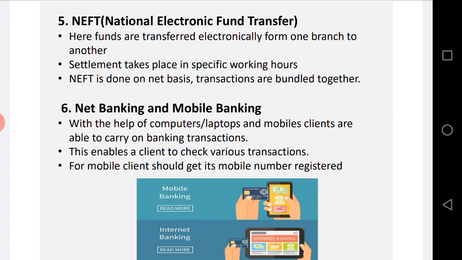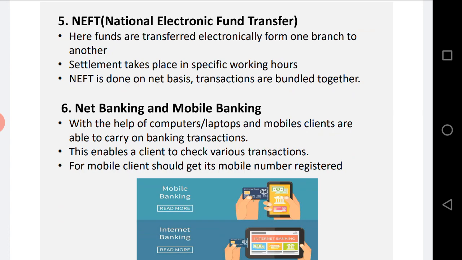NEFT is done on a net basis. Transactions are bundled together. As I said in the previous example, if I want to send money to A, B, C, in RTGS I need to file different forms. But that is not the case with NEFT. In NEFT, I can send the form or send the money clubbed. I can send the money together.